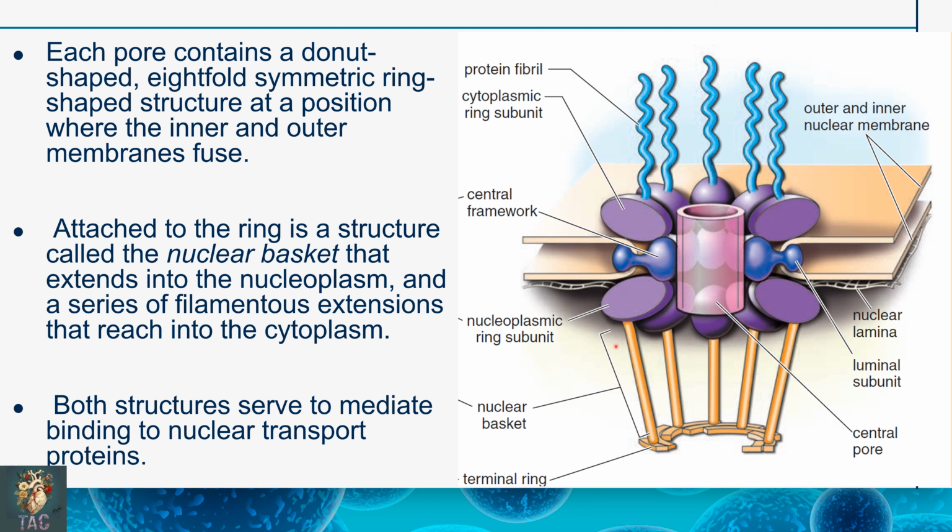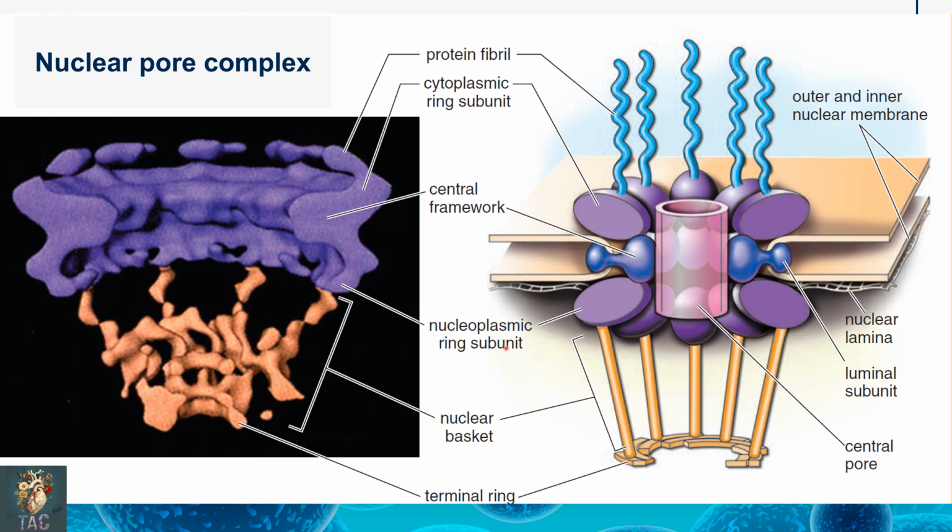So these structures, the protein fibrils and the nuclear basket fibers, serve to mediate the binding of the nuclear transport proteins. Now here is another diagram in comparison to this one, in which you can see the central framework present over here, and here as well. This part is the cytoplasmic ring subunits, which are donut shaped structures.